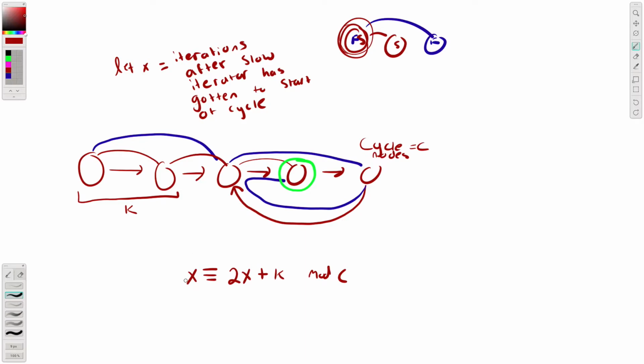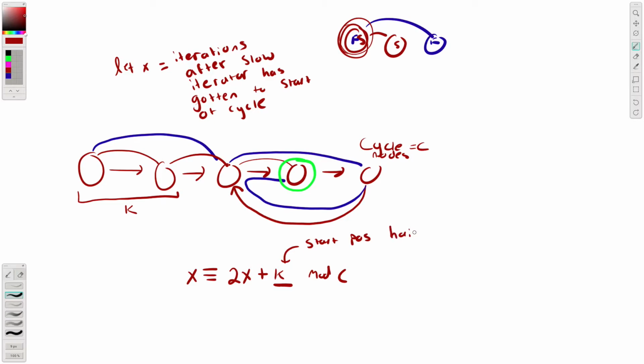So it would be when x, which is the iterations going forward once he goes here, plus k. Okay, I told you k was here, the amount before the cycle, but k could also be considered as the starting position of the hare.